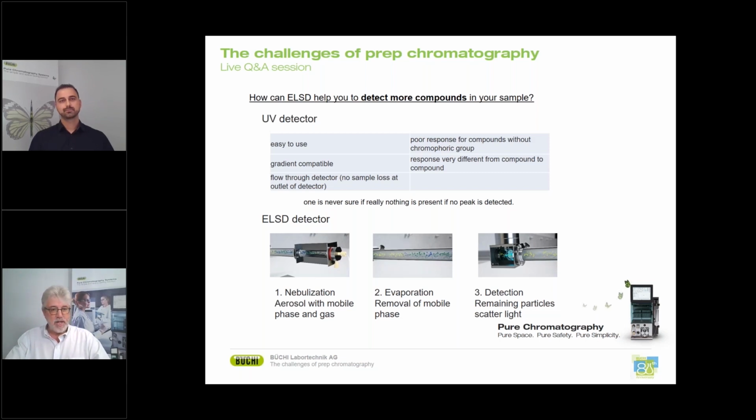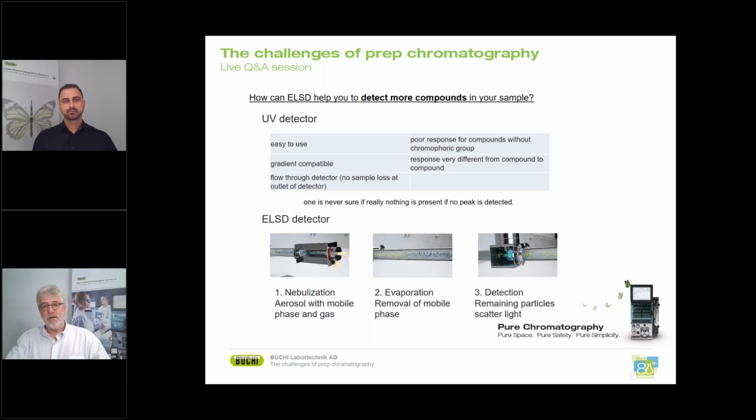It's compatible with gradients, so you can change the composition of your solvents during a run. And also, especially if you link it to purification, it is a flow-through detector, which means that at the outlet of the detector, you still have all your sample available for further work.